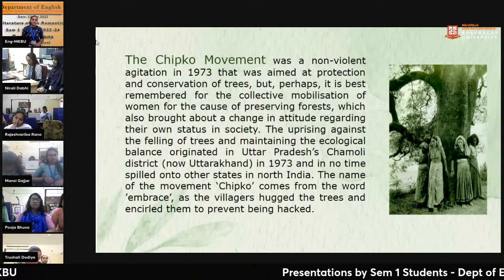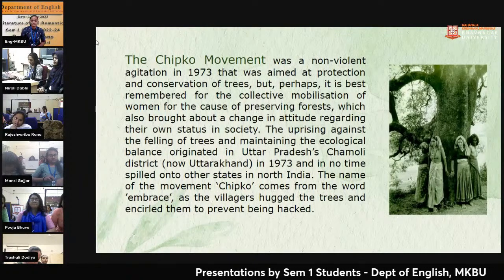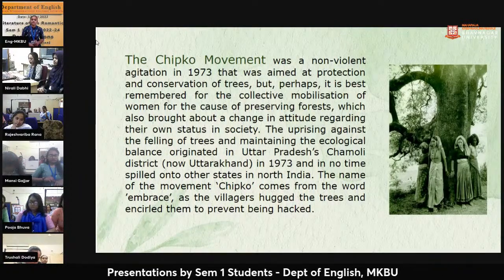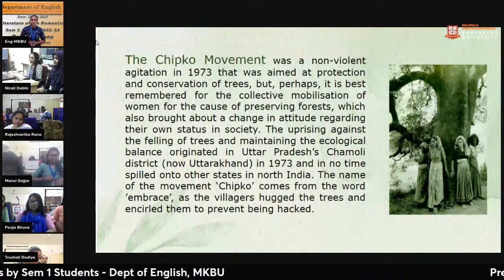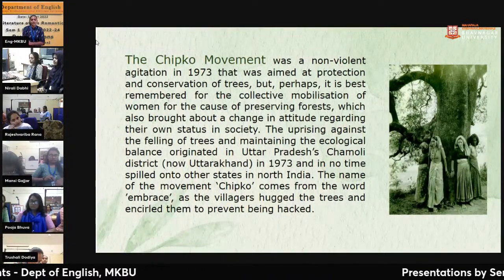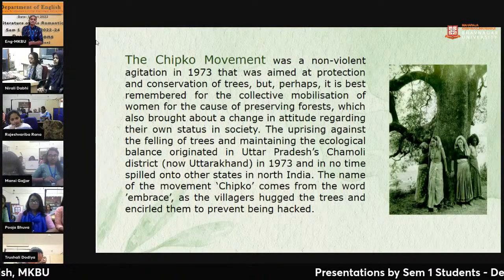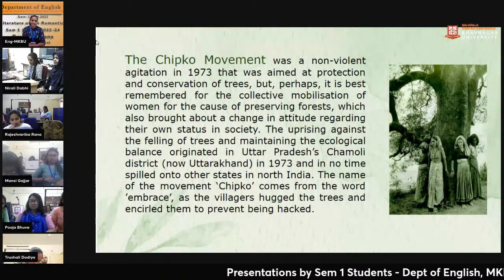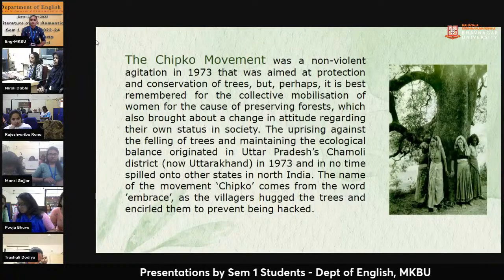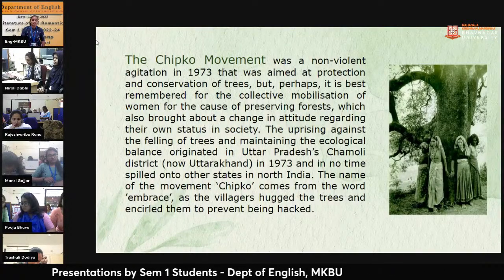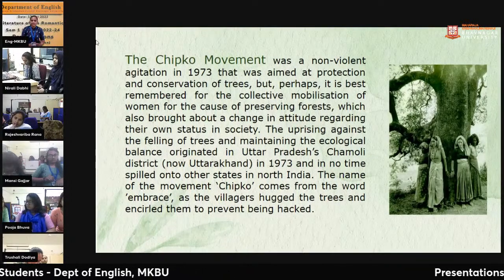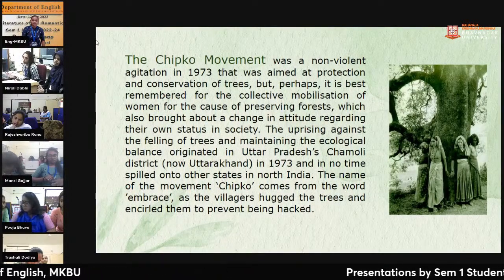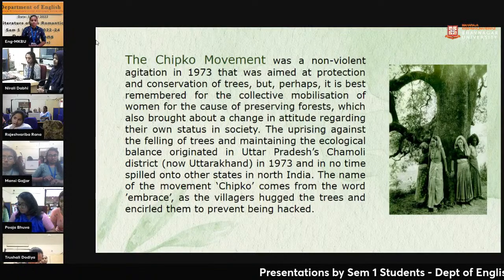It happened in 1973. There was one woman, Miss Gauri, who was their leader, and approximately 84 villagers were there, and they hugged trees, and prevented the men who came to cut the trees.